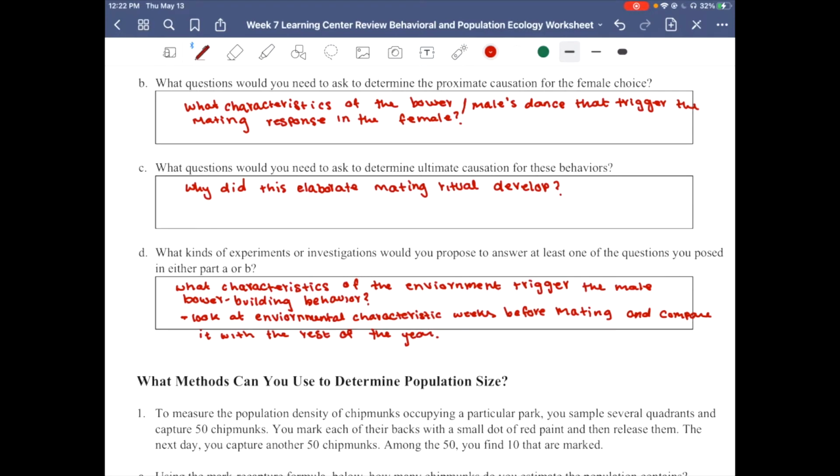Okay, next we're going to be switching our gear to look at population. And before we move on, do you guys have any questions on any of the questions that we've done so far, or how to determine between ultimate versus proximate causes?